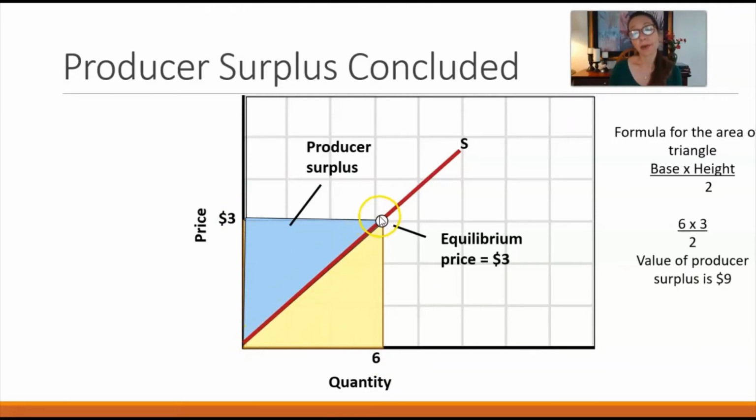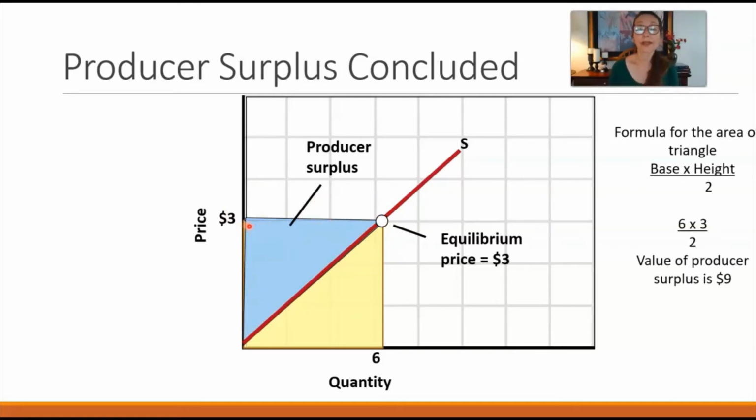But this yellow area right here is the firm's cost to produce, all of this yellow area. The producer surplus, which is the extra value to the producer because they are in a free market and selling at this market price, is the area of this blue triangle.